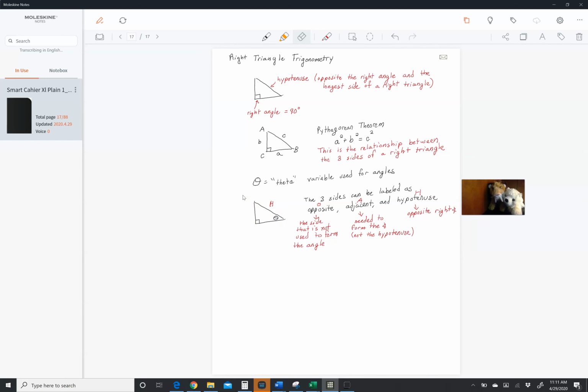So this is the opposite. Once you know two of them, you know the third. But the adjacent here, we have two sides that make the angle, right? In this particular triangle, the hypotenuse is one side that makes the angle, and the adjacent would be the other side that makes the angle. So that would be the adjacent.